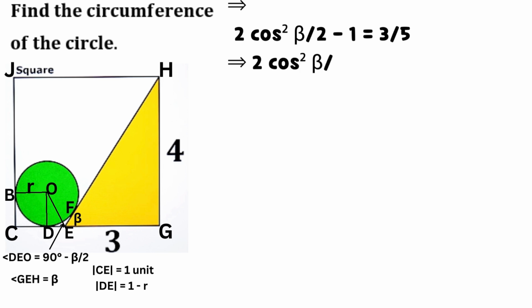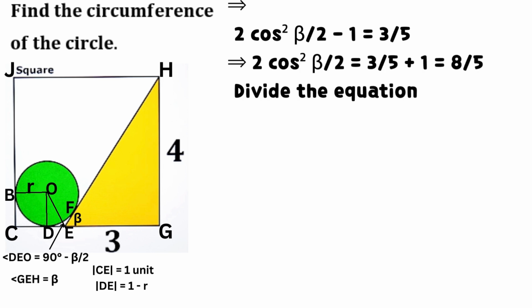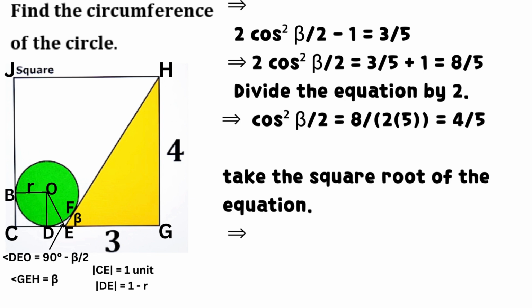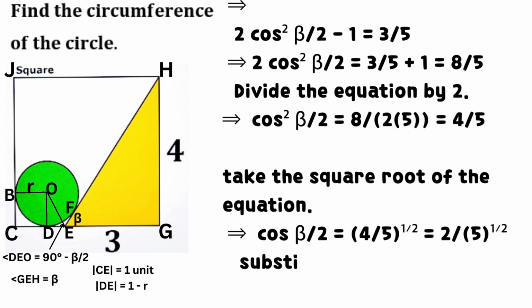This implies that the product of 2 and cosine square half of beta, minus 1, equals 3 divided by 5. It implies that the product of 2 and cosine square half of beta equals the sum of 3 divided by 5 and 1, which equals 8 divided by 5. Divide the equation by 2. We have that cosine square half of beta equals 4 divided by 5.